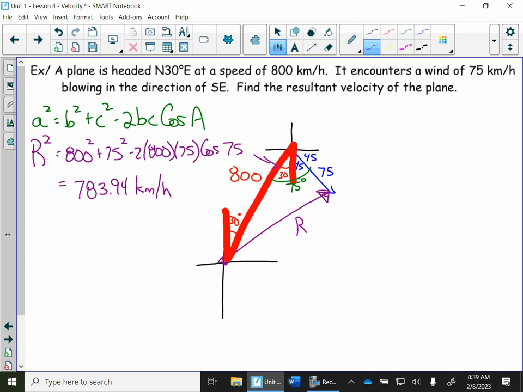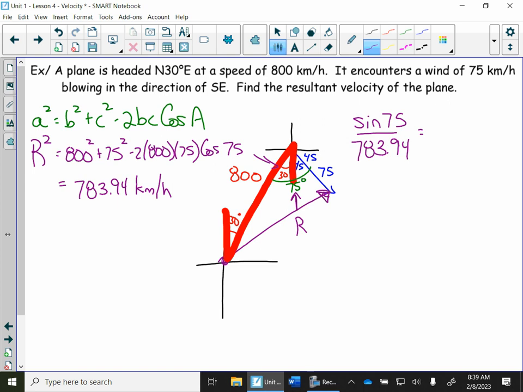Again, like last time, we need to have a bearing, a direction. It's not right angles, so we can't use SOHCAHTOA, but we now have a pair because R and 75 are across from each other, so we can use the sine law. The sine of 75 goes with that R value we just calculated, 783.94, and what are we trying to find here?